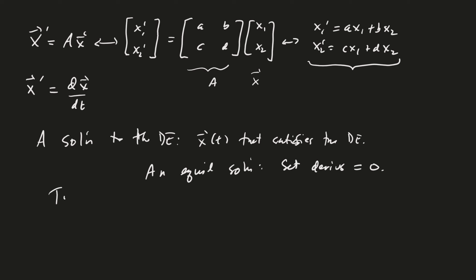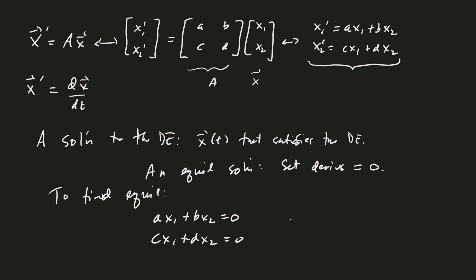And so to find the equilibrium, we would have ax1 plus bx2 equal to 0, and cx1 plus dx2 equal to 0.